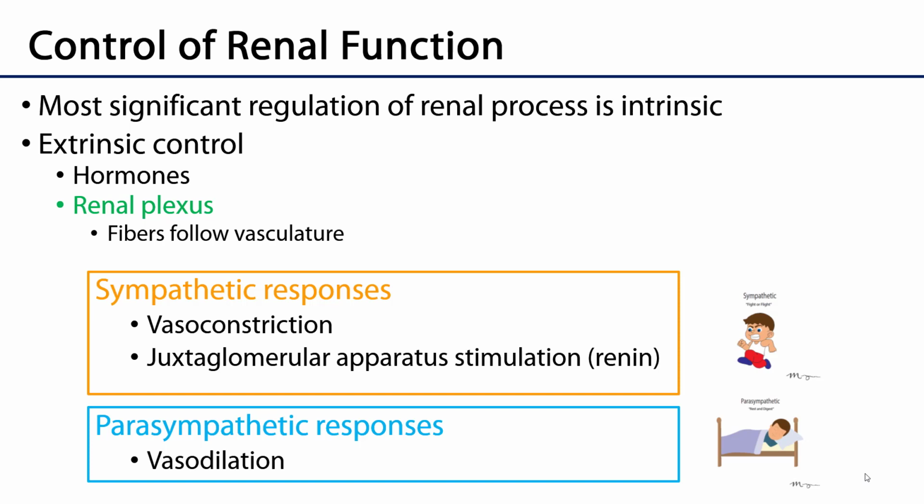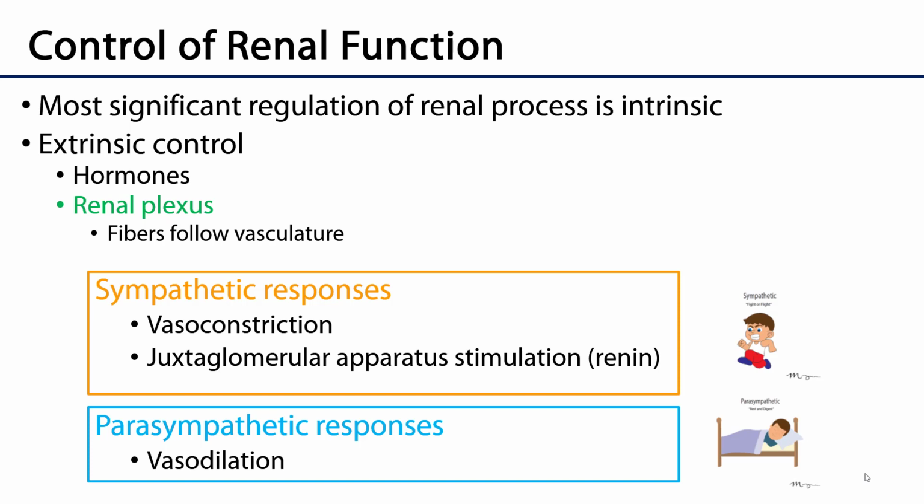But there is also going to be extrinsic neural control by means of the renal plexus, which is a mixed autonomic plexus that can be found in association with the renal vasculature. So these fibers and ganglia are going to be located about the renal arteries and their branches as they multifurcate throughout the parenchyma of the kidney to serve the nephrons.